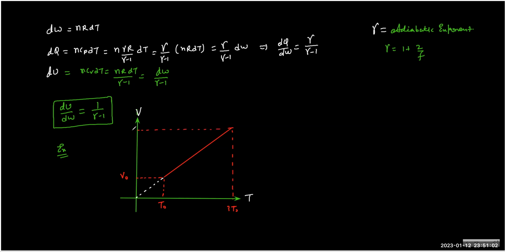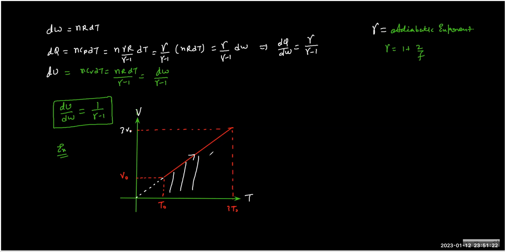Do I need to give this volume? If V naught is given, T naught is given, and if I say this is 3 T naught, this will be how much? Even if it is not given, you know the answer. There's nothing rocket science here.